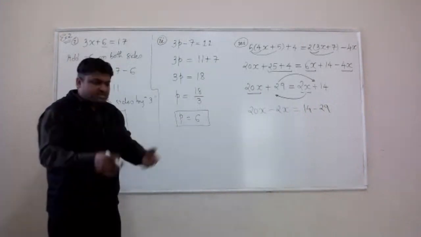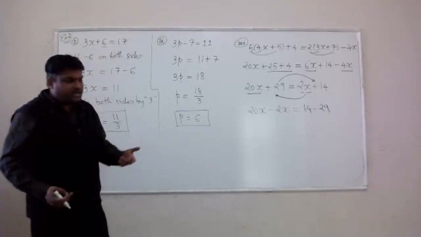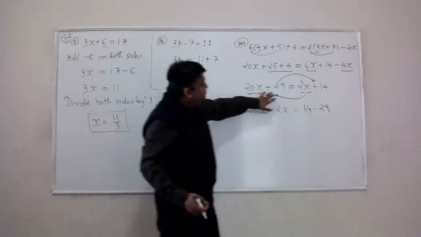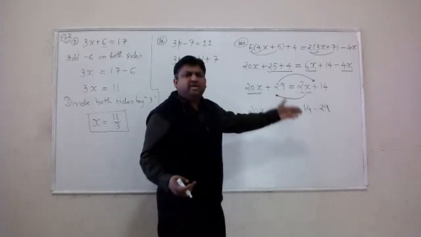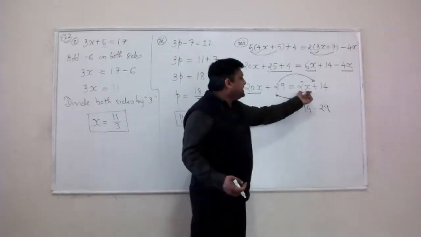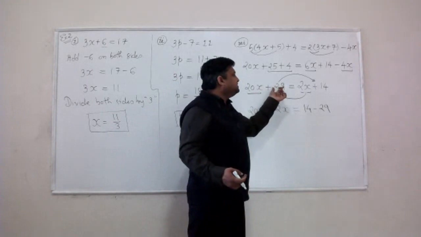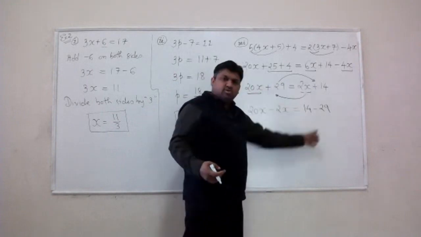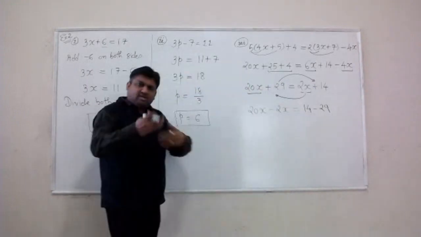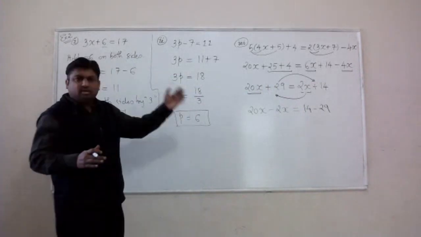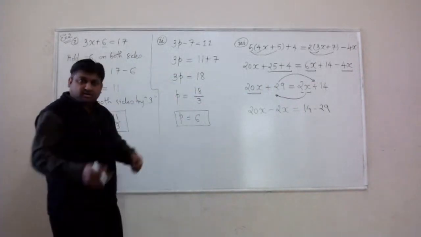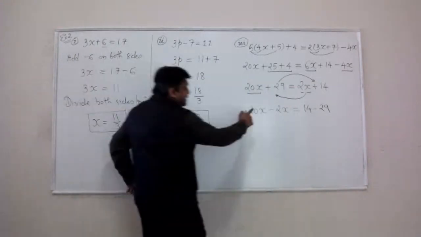You can do this on multiple terms, right? If you don't feel comfortable doing these two operations simultaneously, do it one by one. First add negative 2x and then subtract 29. You will get the same result. After two or three attempts, you will realize that this is really a smooth process of shifting terms, right?